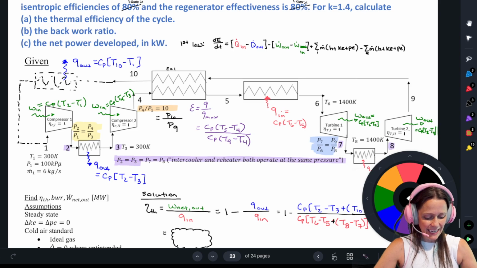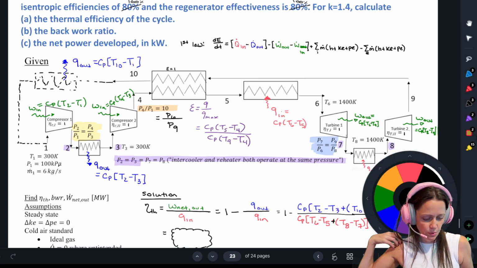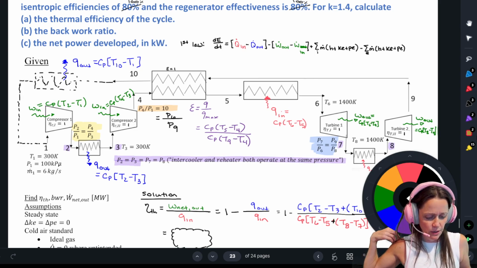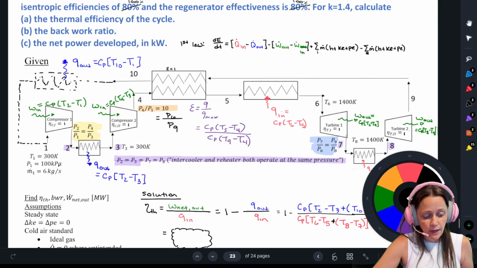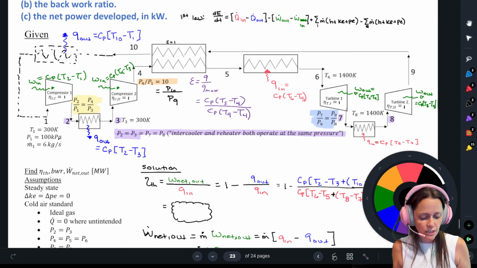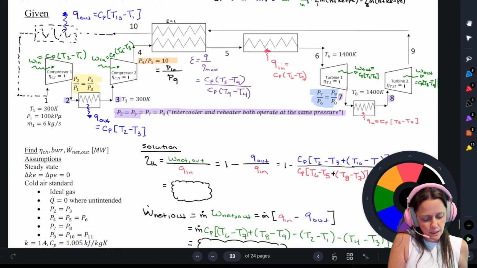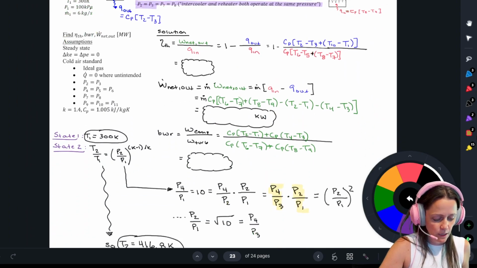So I have a similar overall pressure ratio here. So let's do the same thing. It's a very similar strategy to what we took for calculating P2 over P1.